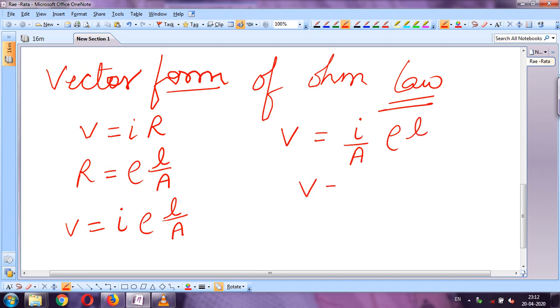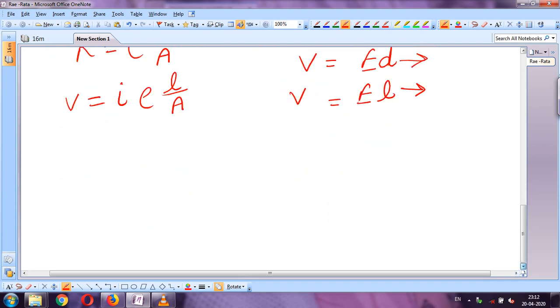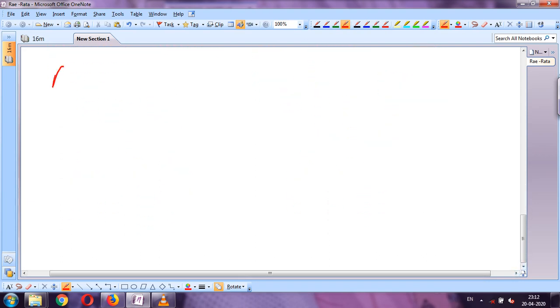In the last chapter, you studied V is equal to E d. If V was equal to E d, here I can say V will be equal to E L, because here this distance d will be equal to the length of the conductor. Then the expression will be E L is equal to I upon A rho L. What is this I upon A?